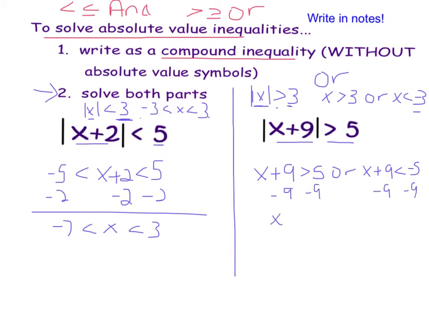So x is greater than -4 or x is less than -14. And I highly suggest every time you solve an inequality or an equation, you choose a number, plug it back in to see if it works. So for example, here you might choose 0, and here you might choose -15. Plug it back in, see if it works.